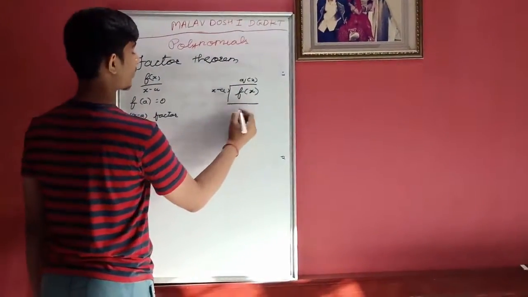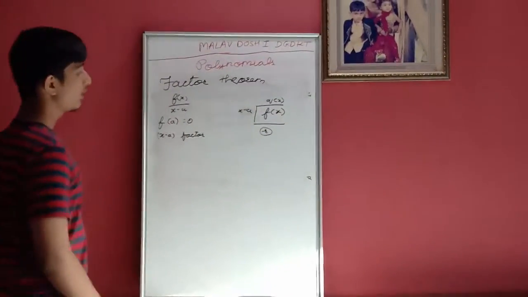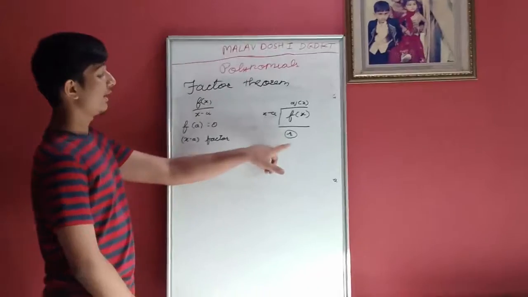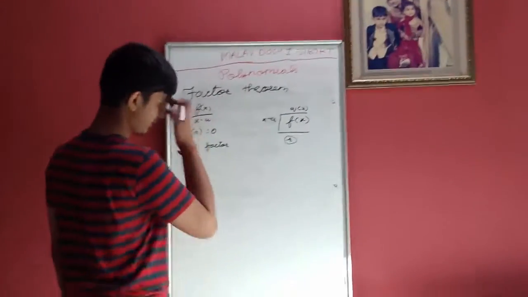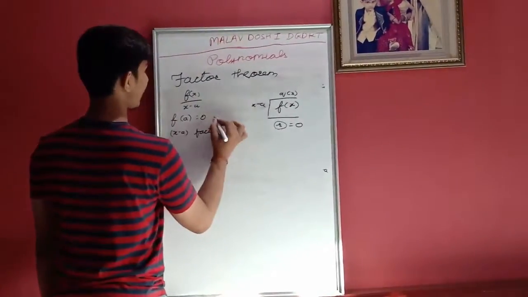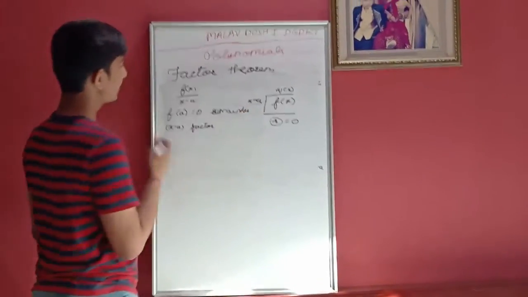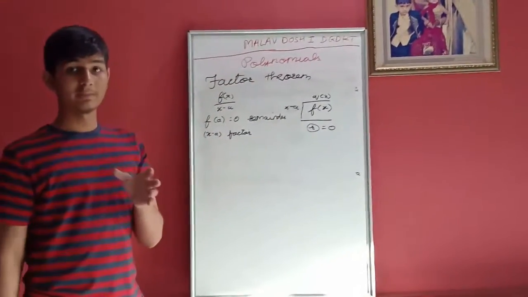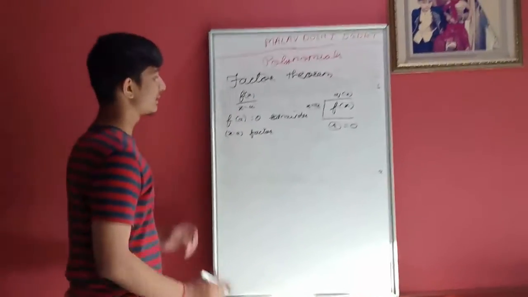Therefore here r would be a constant, because the divisor is a linear polynomial. Because this one is linear, the remainder would have degree less than this, so r would be constant. And here you know that r equals 0 because f(a) is the remainder. This is just a link from the remainder theorem, because this factor theorem is taken from the remainder theorem itself.